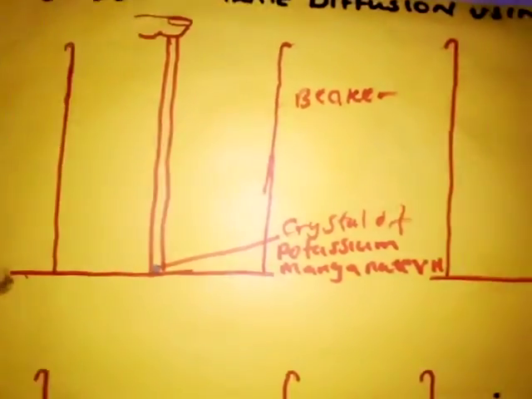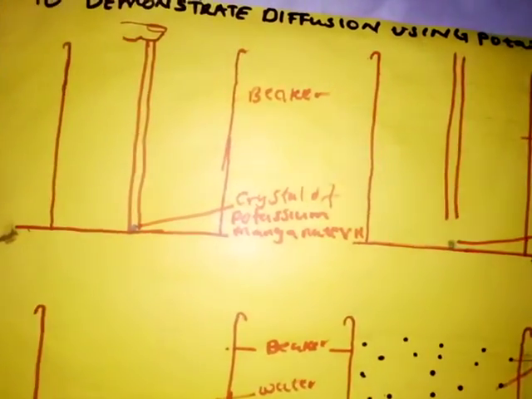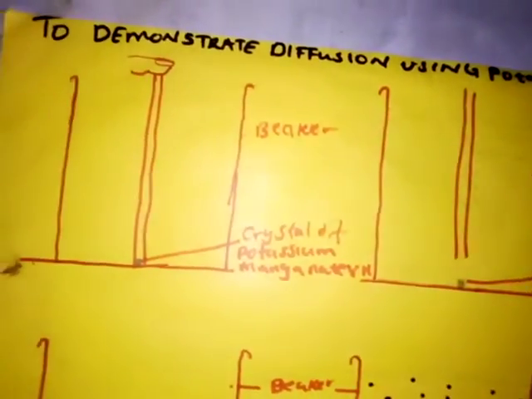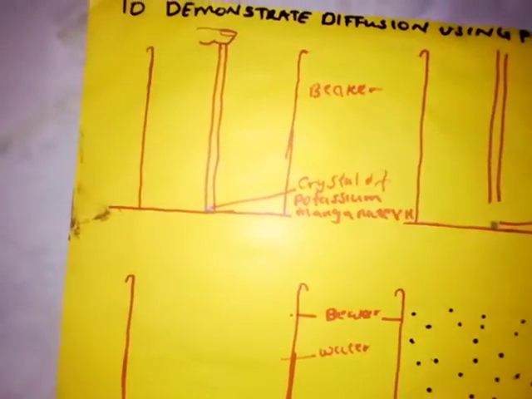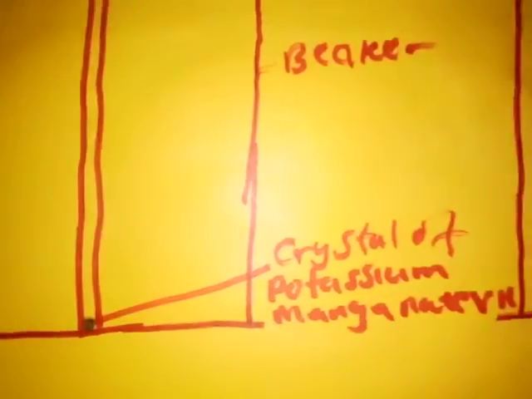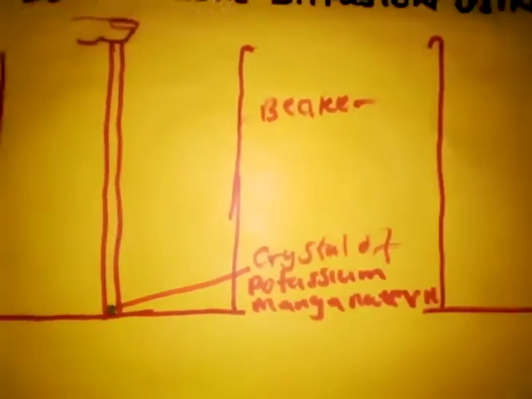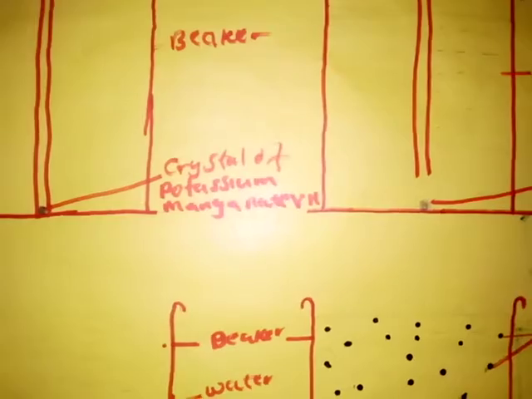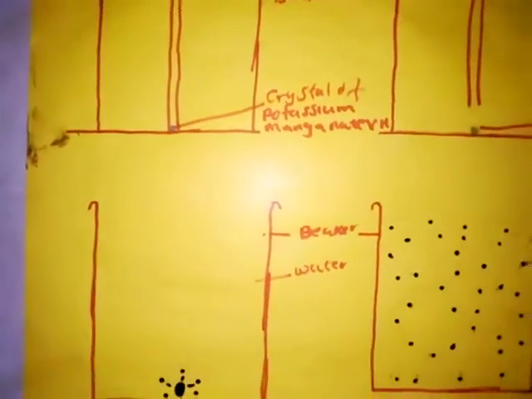Now, the procedure includes: 1, you hold a glass tubing vertically in the beaker such that in one end you place your finger, and the other end has the crystal of potassium permanganate. Then you carefully drop the crystal of potassium permanganate into the beaker.